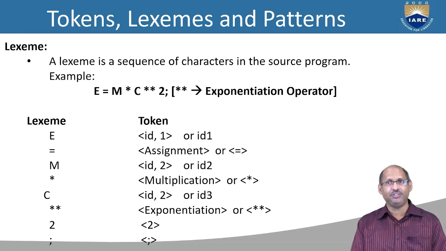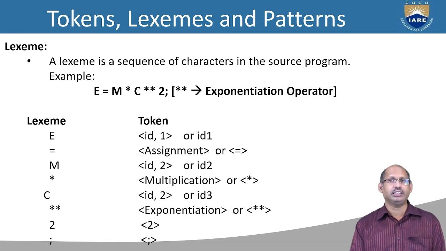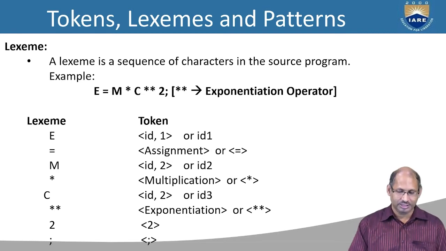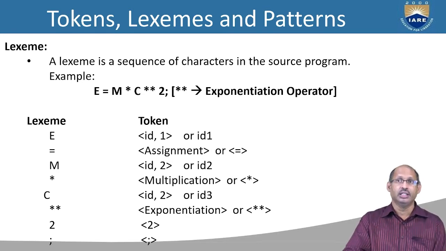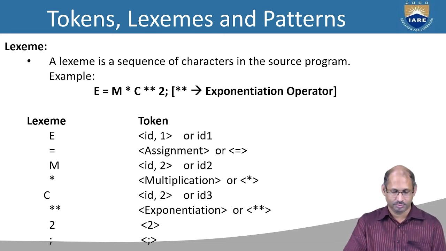M is an identifier, stored in the second position of the symbol table. Multiplication is an operator. C is an identifier, and 2 is a constant. Then semicolon is an operator.